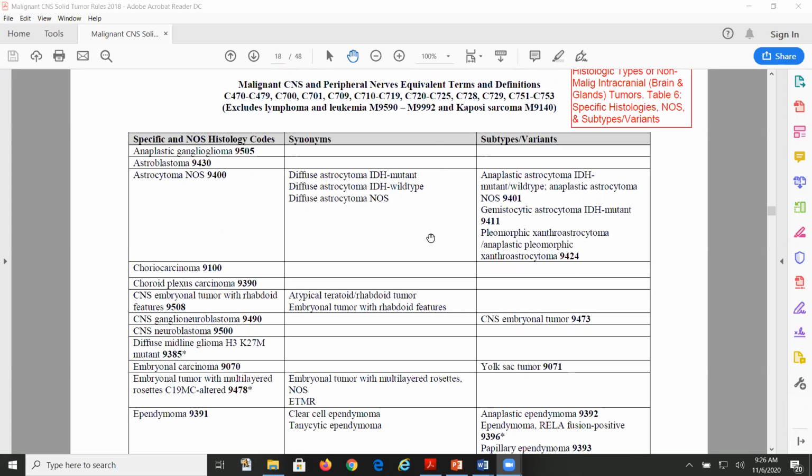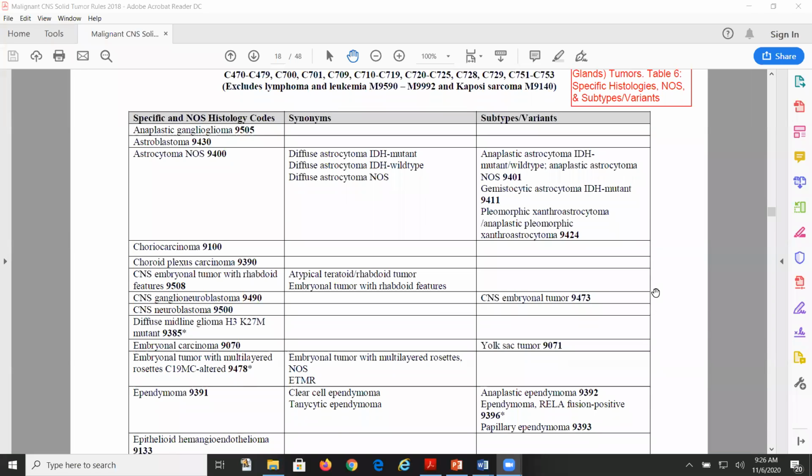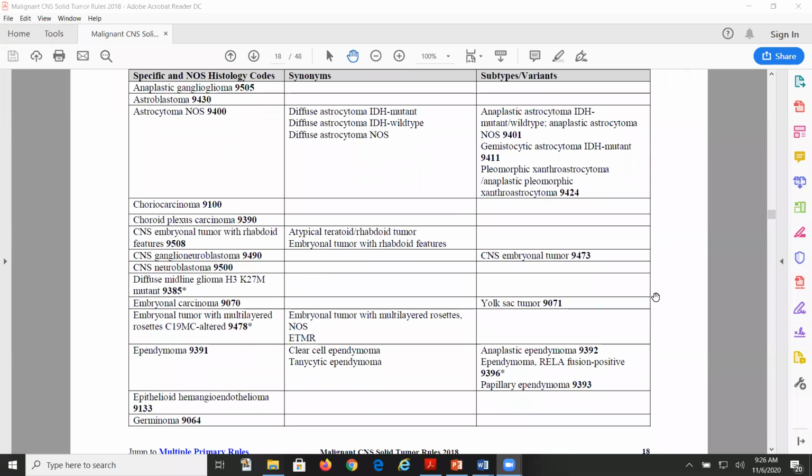The synonyms have the same histology as the NOS histologies in the first column, and our subtype variants histologies in the third column have different histologies from their corresponding NOS histologies in column 1. And as I noted previously, the histologies that have asterisks on them are new histologies.